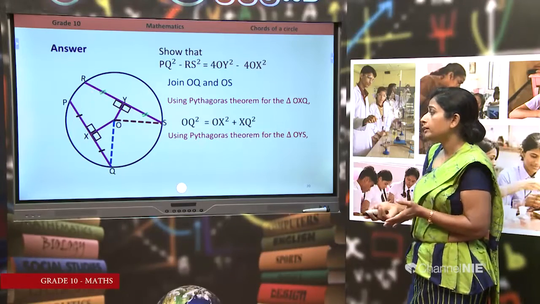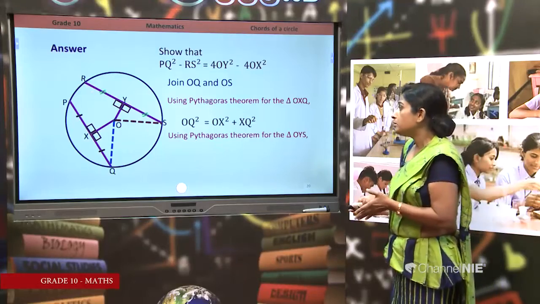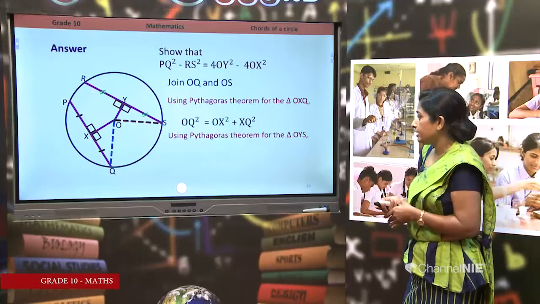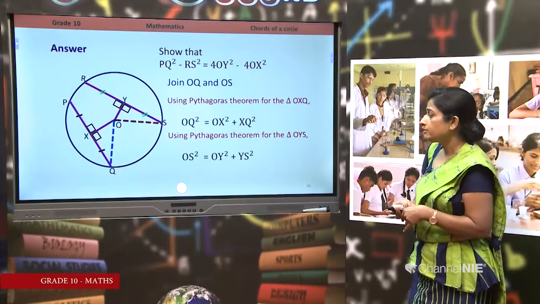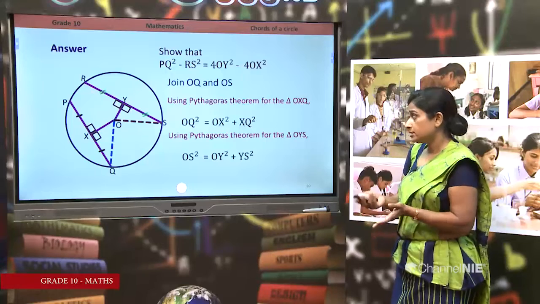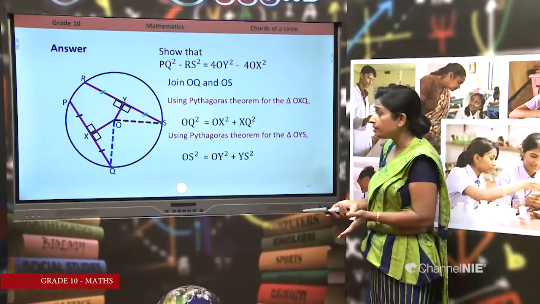Here also we consider the hypotenuse, that is OS. OS squared equals OY squared plus YS squared. Here we have built two equations using the Pythagoras theorem: OQ squared equals OX squared plus XQ squared, and OS squared equals OY squared plus YS squared.